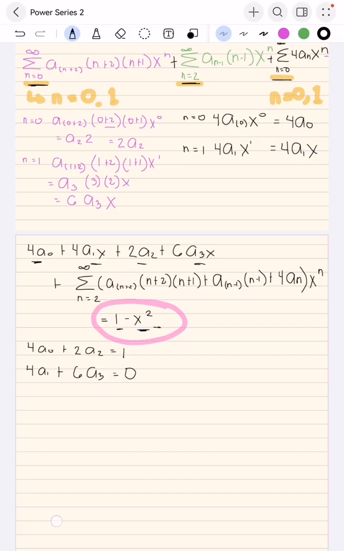Now let's compare. So for this we would solve the inside.